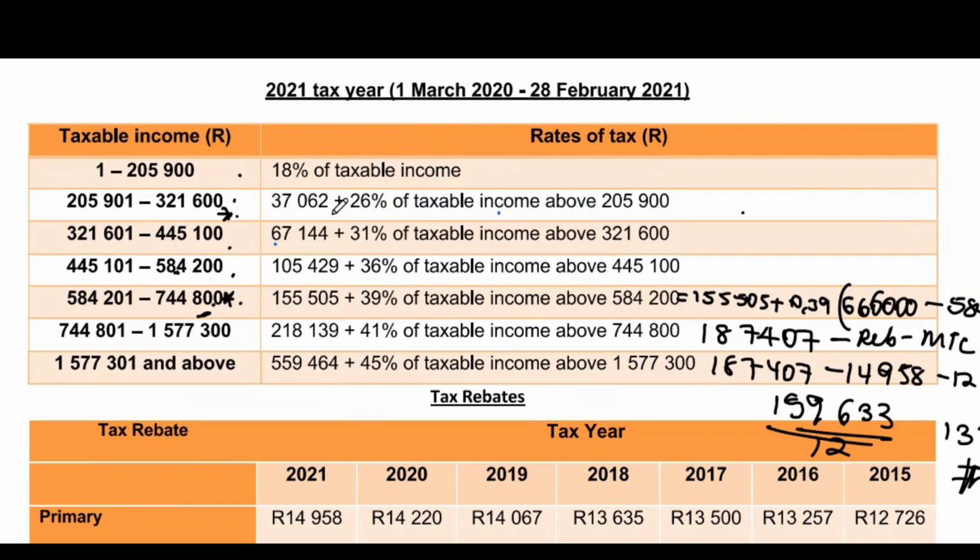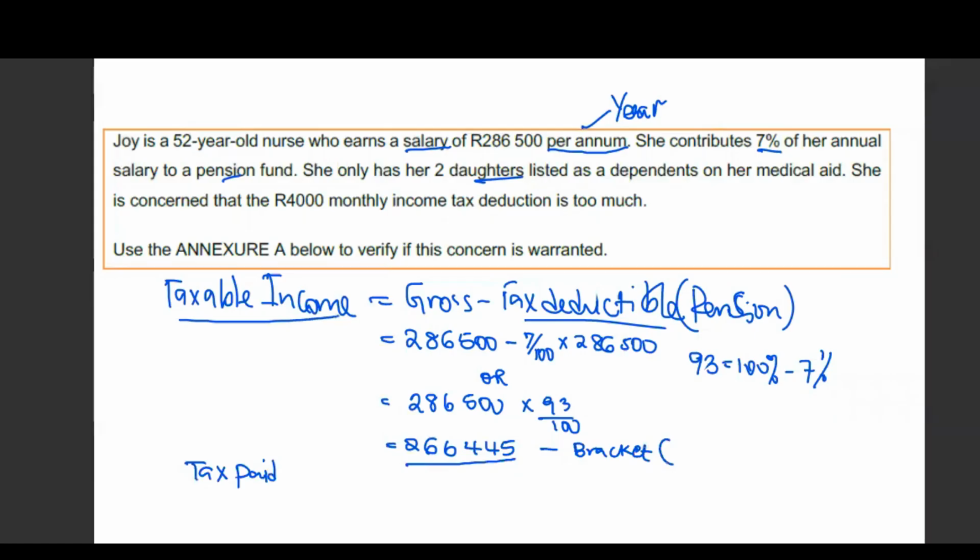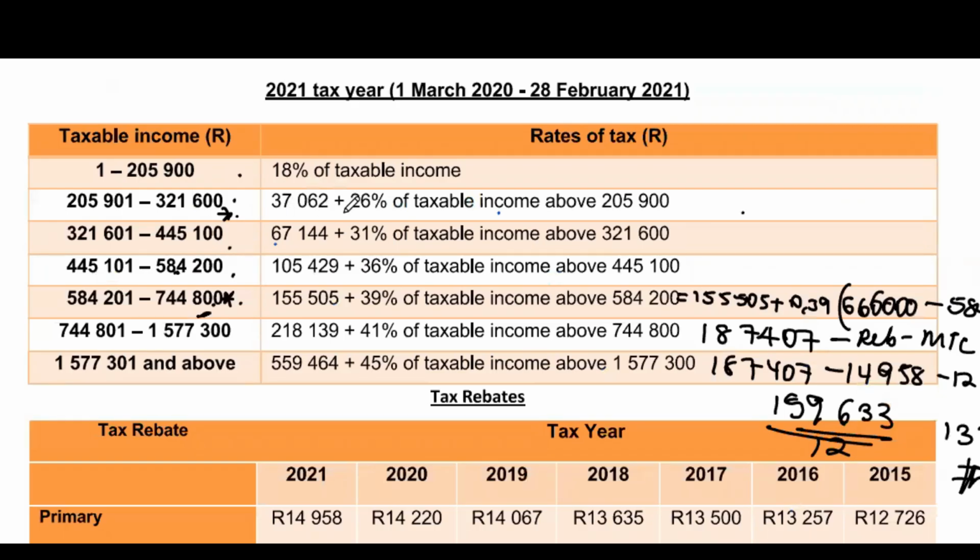So we say 37,000 and 62 rands, sorry, 62, not 65.